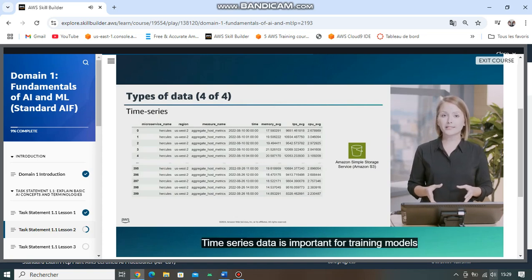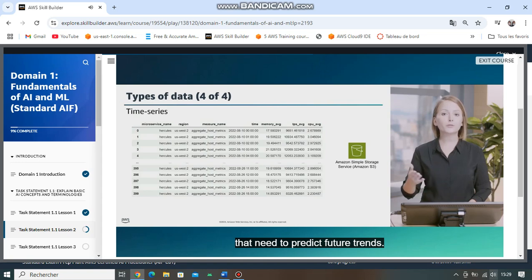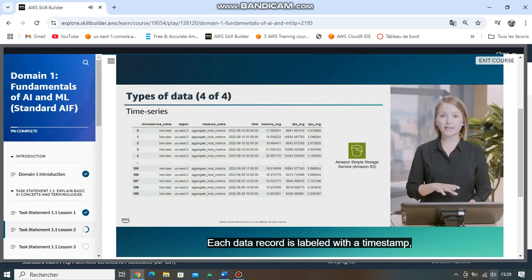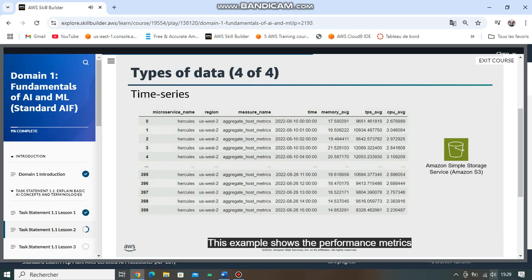Time series data is important for training models that need to predict future trends. Each data record is labeled with a timestamp and stored sequentially. This example shows the performance metrics for a microservice, including the used memory, CPU percentage, and transactions per second.